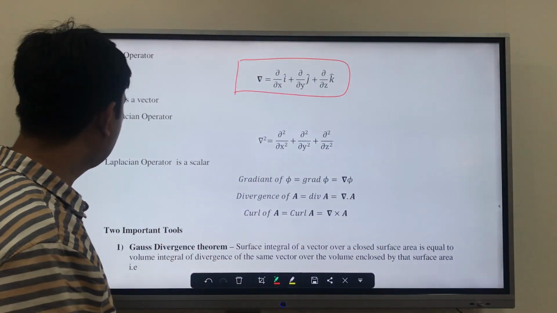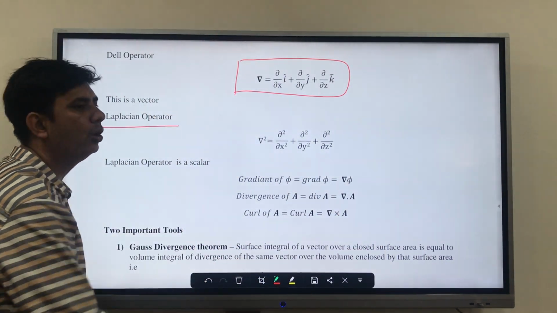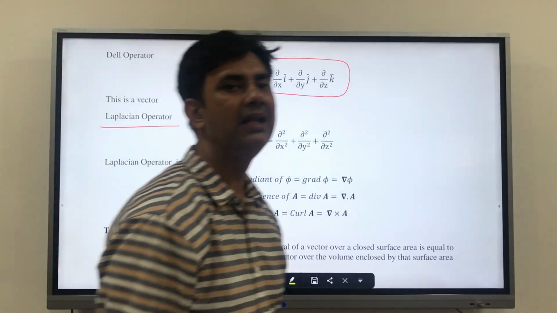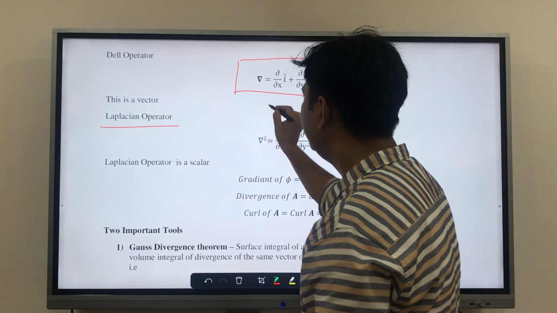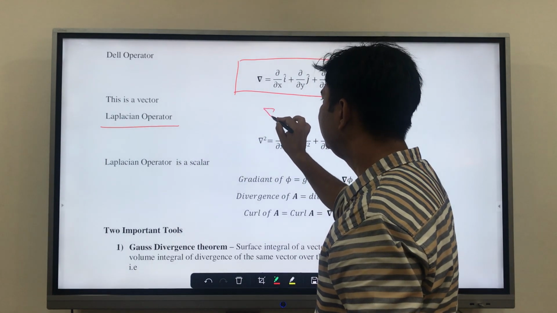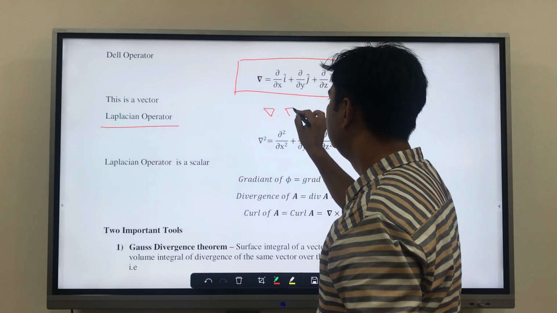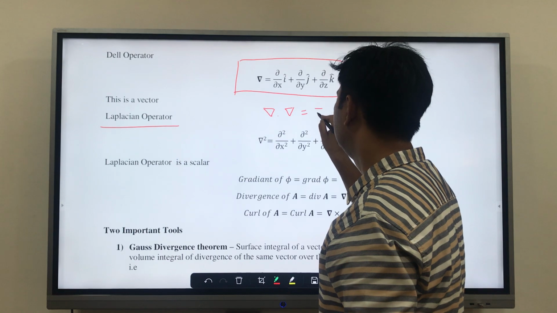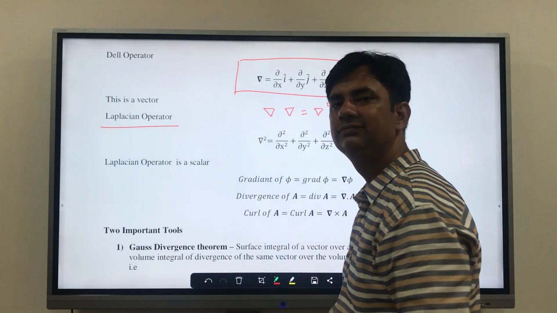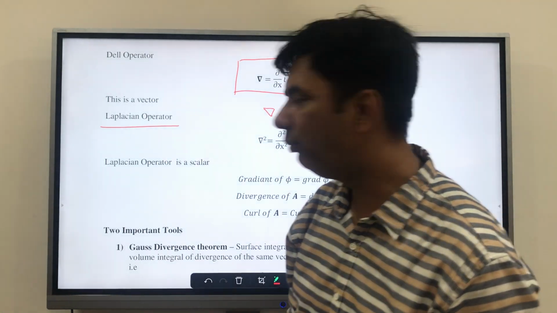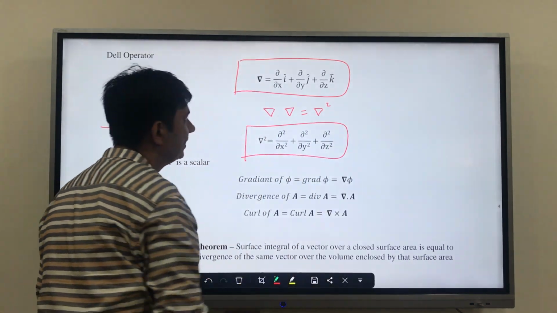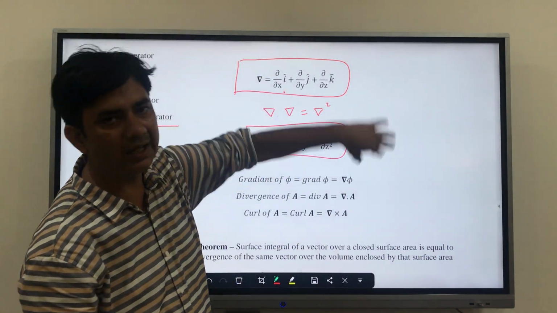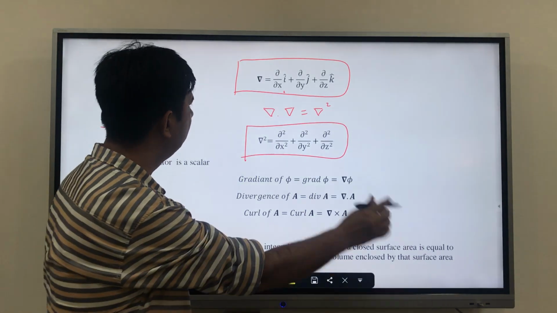So now the next operator is our Laplacian operator. And what is Laplacian? It is del dot del, which is equal to del square. And why are we getting this value? If you multiply this again with itself, what will happen?